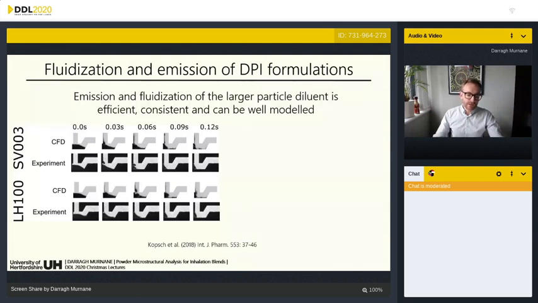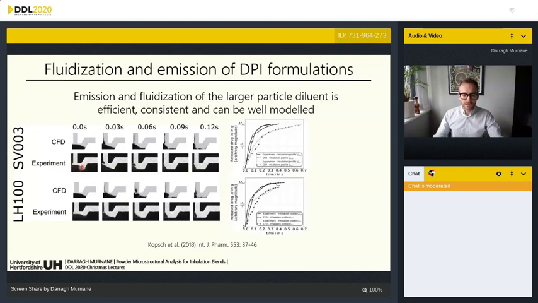What we can see here are two carrier grades of lactose, Respitose 003 and Lactohale 100. So these are large carrier size, large particle size carriers. And we can see the experimental videography here of looking at the emptying of these lactose powders. So there's an example at the start of the process, lactose powder at the start in an aerosolization blister model.